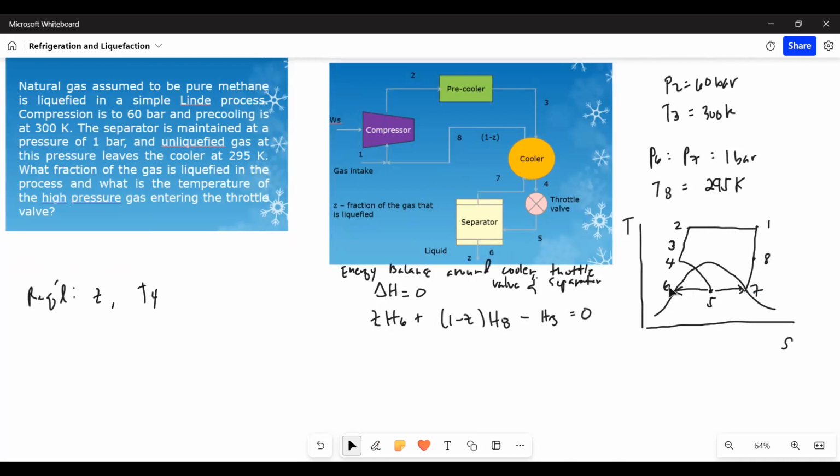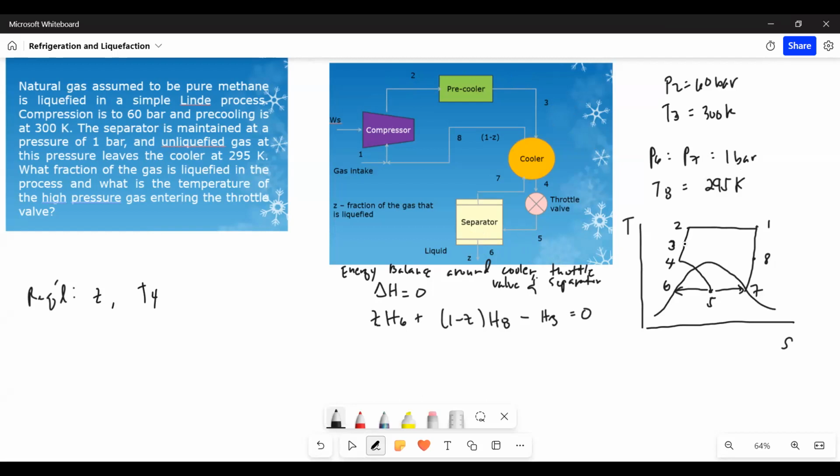It's assumed it's a saturated, completely saturated liquid, not subcooled. And H3, what is H3? H3 is still superheated methane. Okay, so remember, the liquefaction only happens here, at point 6.